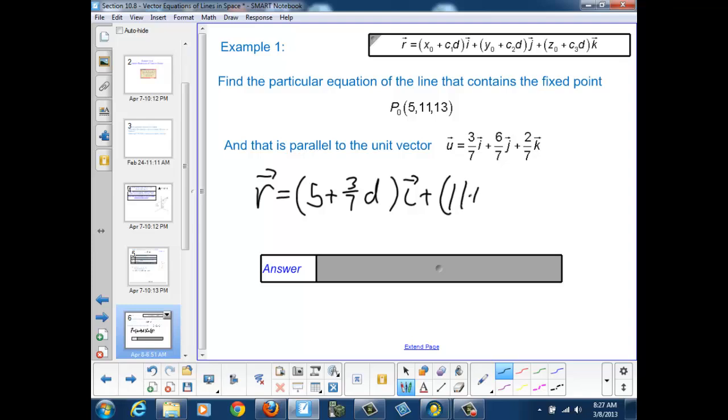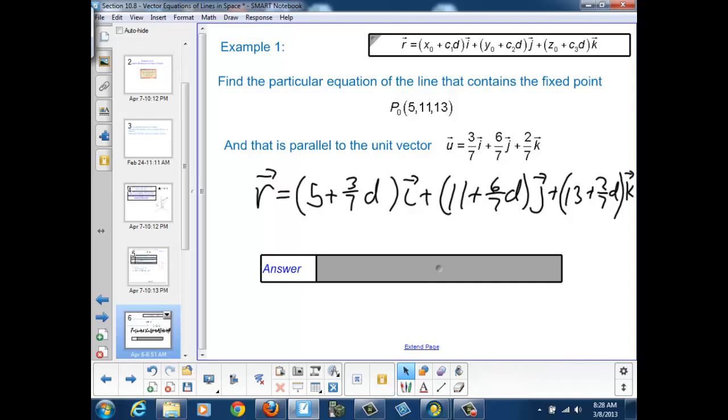Yes, (11 plus 6/7 d) j plus, and then our third component, which would be (13 plus 2/7 d) k. So let's double check. And there it is.